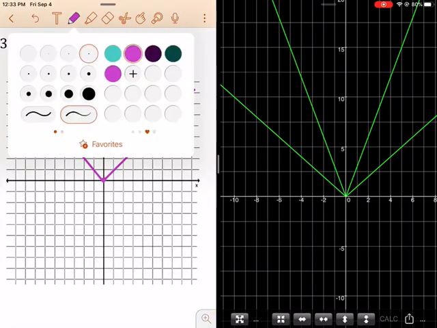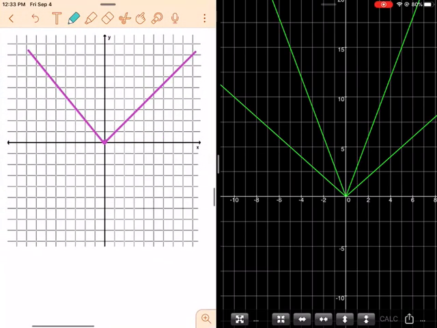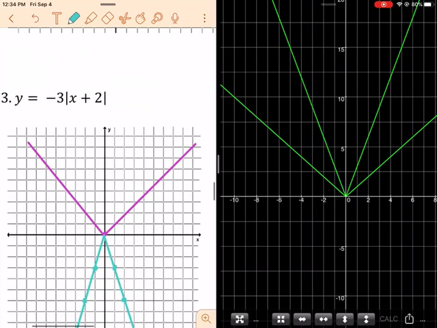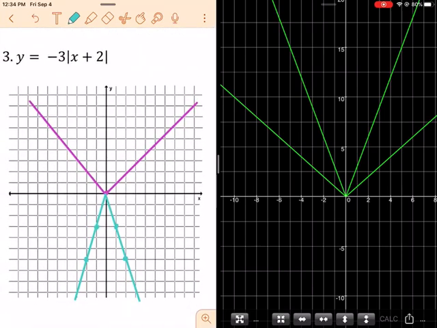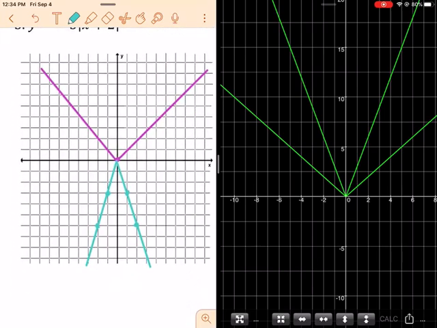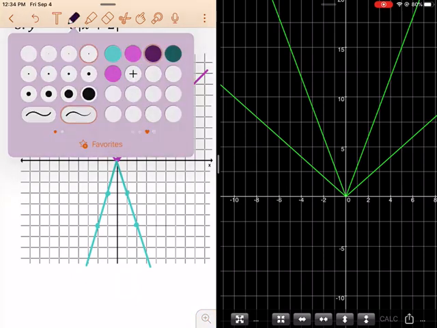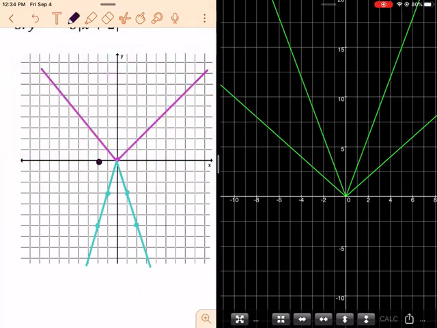And then the -3 is going to flip it over and stretch it. So let me use that color. I'm going to flip it over and stretch it. And then the 2, it says plus, which means I'm going to go left 2 units. It's always opposite.